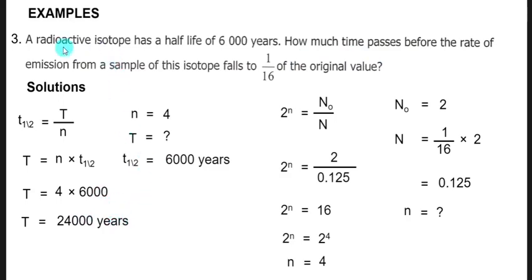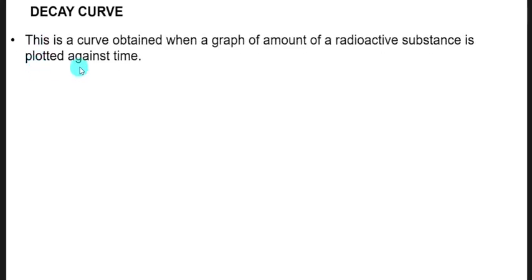So let's move on and look at what we call a decay curve. What is a decay curve? It is a curve obtained when a graph of the amount of a radioactive substance is plotted against time. The amount of a radioactive substance is never constant.